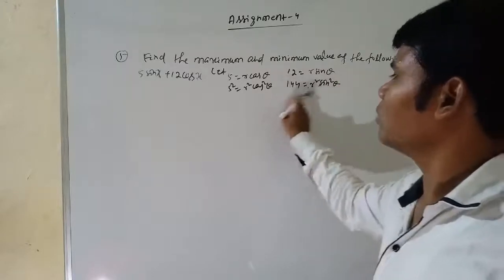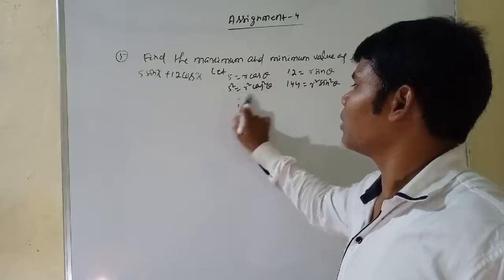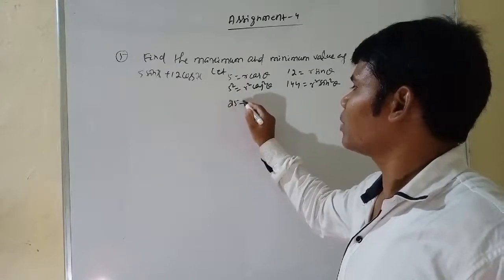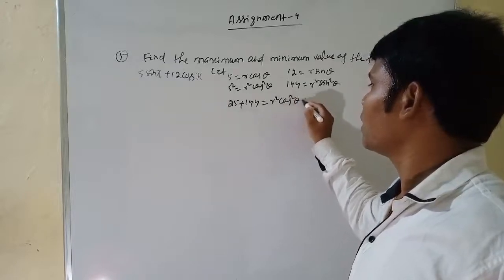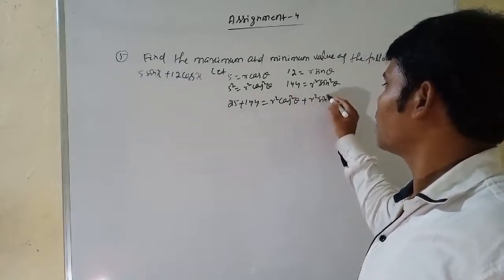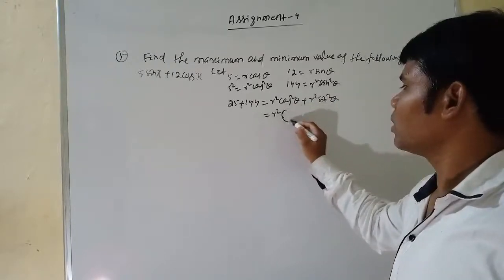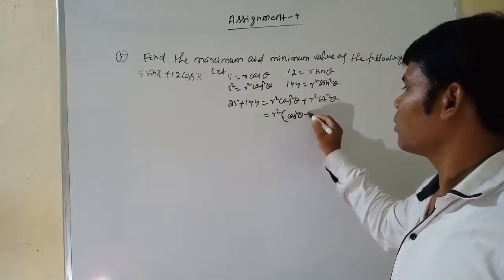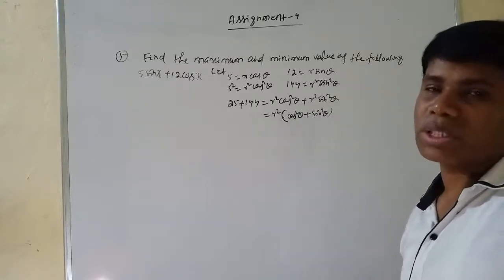Okay, add these two. 5 square plus 144. 5 square, that is 25. 25 plus 144 is equal to r square cos square theta plus r square sin square theta. Okay, is equal to r square into cos square theta plus sin square theta. You know the formula, cos square theta plus sin square theta is equal to 1.